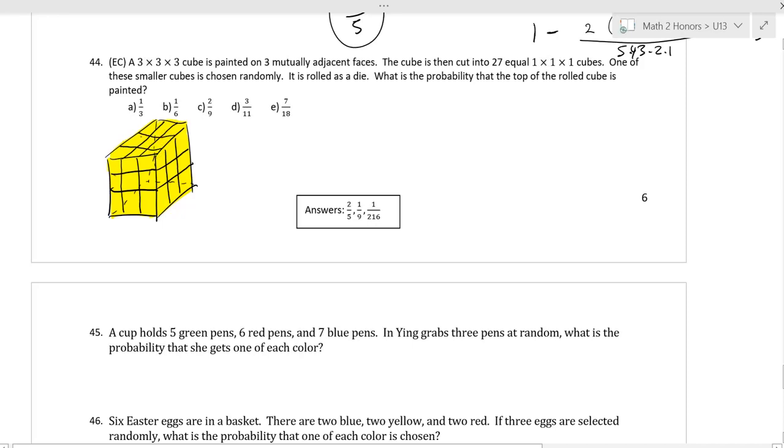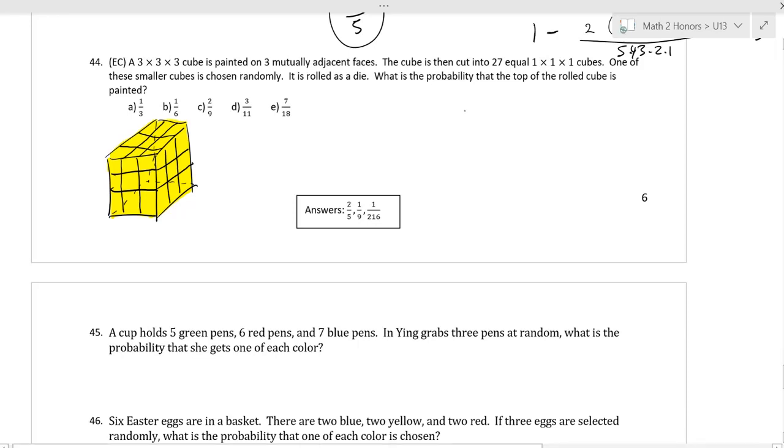This big cube, 3 by 3 by 3, is split into 27 cubes, 1 by 1 by 1. And so some of those 1 by 1 by 1 cubes will have no faces painted at all, and others will have some of the faces painted. And we got to figure out what we're looking at and what we're working with.